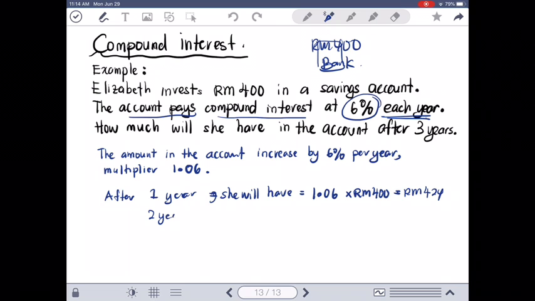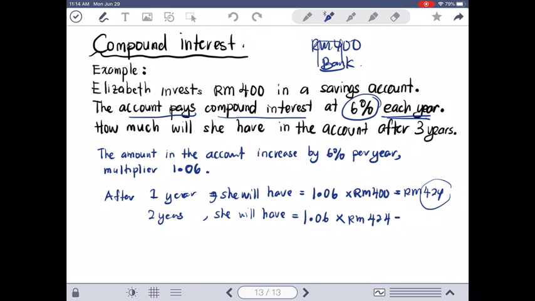After 2 years, she will have 1.06 times RM424, not 400, because when we talk about compound interest, you always look at the interest from the latest balance.